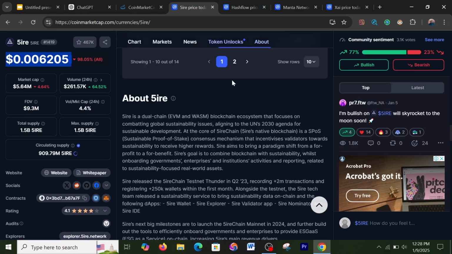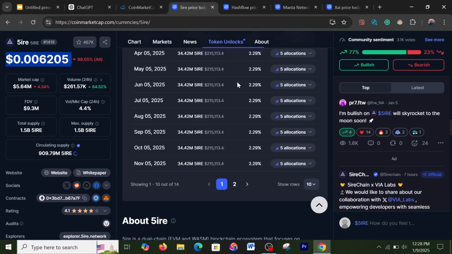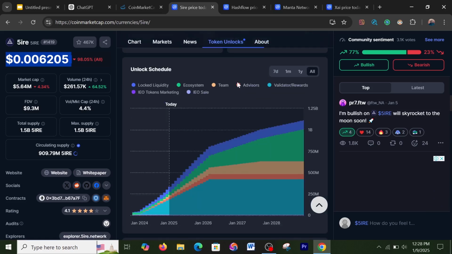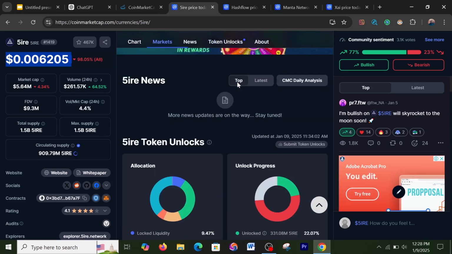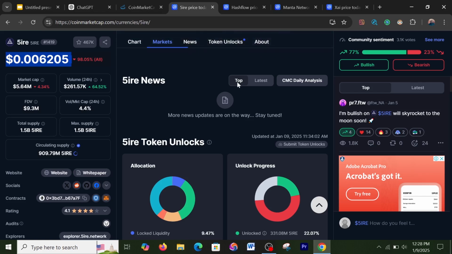This is how you do tokenomics. This is how you do fundamental analysis. This is the right way to do it, not the ones where they just tell you to come on CoinMarketCap and just look at a few things. No. You want to ensure that everything is aligning together. First, you want to ensure that the token supply is in place. Next, you want to ensure that the token utility is in place.